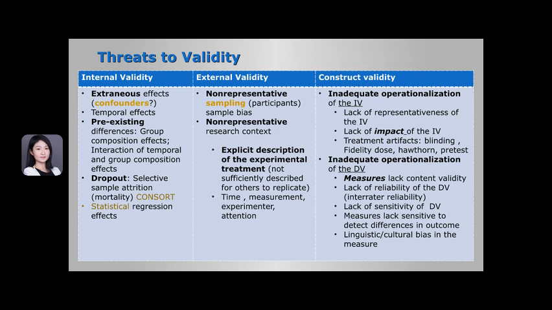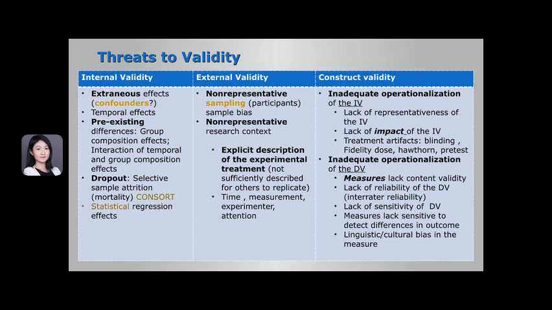For example, if we fail to control the confounding variables, and if there are pre-existing differences between the groups before intervention, or if the differences were caused by natural growth instead of the intervention of interest, can we still believe in the inference of the relationship between independent variables and dependent variables claimed by the researchers? If the study didn't report dropout of participants, can we still believe in the sample balance for groups by the end of the study?